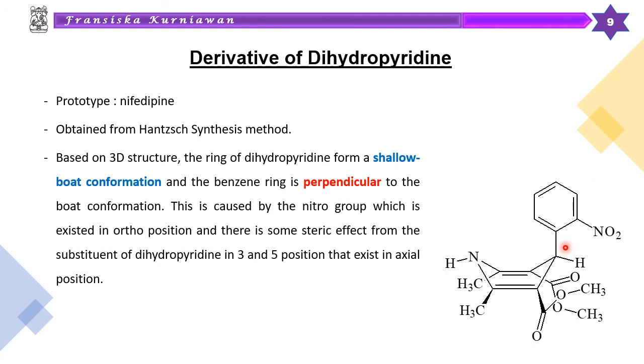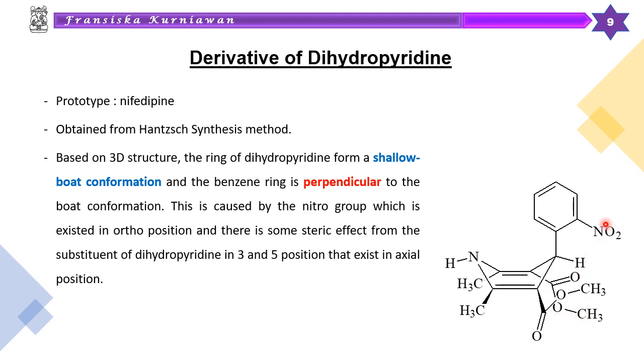And why is the perpendicular really the stable one? This is caused by the nitro group here. The nitro group is making a steric effect with the substituent on the dihydropyridine.